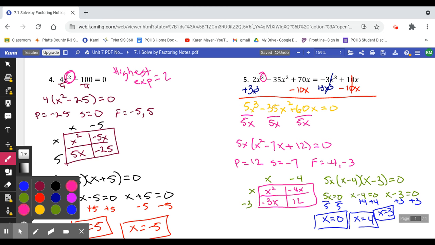If you look at this problem, our highest exponent is 3. So that tells me I should have 3 answers. So if you want to know how many answers you're looking at, make sure you look at the highest exponent, and that will tell you. And we're finished.